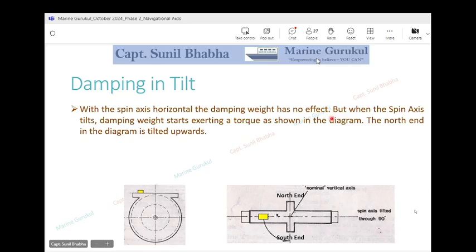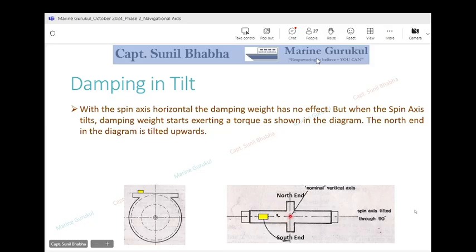But let's assume now that the spin axis has tilted by 90 degrees. That means the second diagram which you see on the right hand side. When the spin axis tilts, the damping weight starts exerting a torque. So if you concentrate on the right hand side diagram, the north end is now pointing upwards and the south end is pointing downwards.